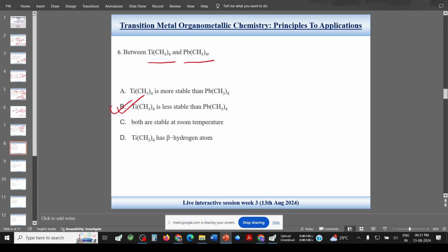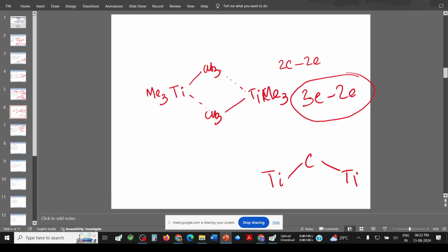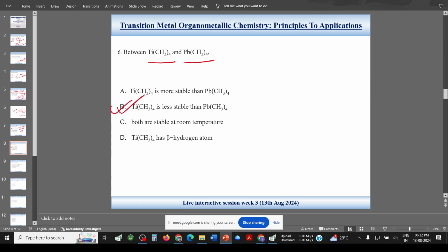So one methyl group from one tetramethyl titanium complex can interact with another titanium center to form this 3 center 2 electron bond, whereas lead is 5d6s, so the energy difference is huge. So it cannot interact carbon with another molecule. So this bimolecular decomposition mechanism is not possible.